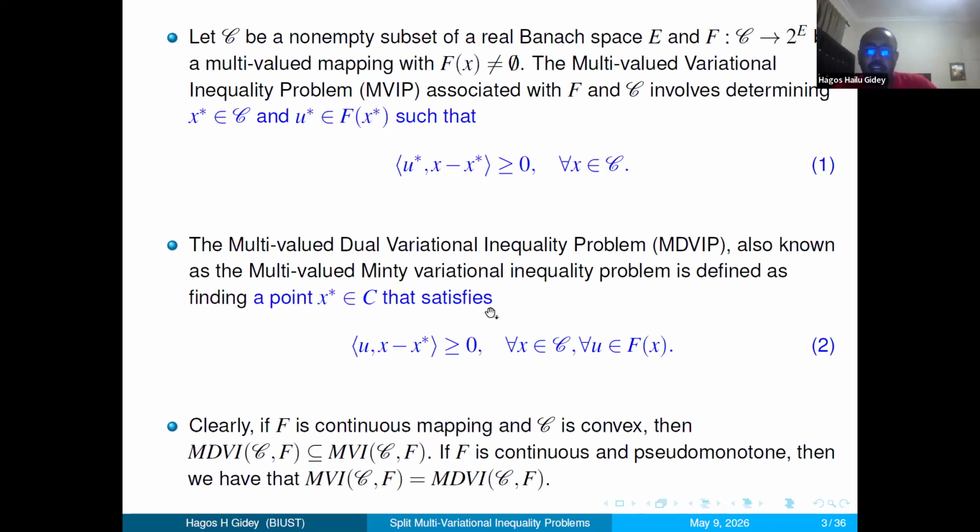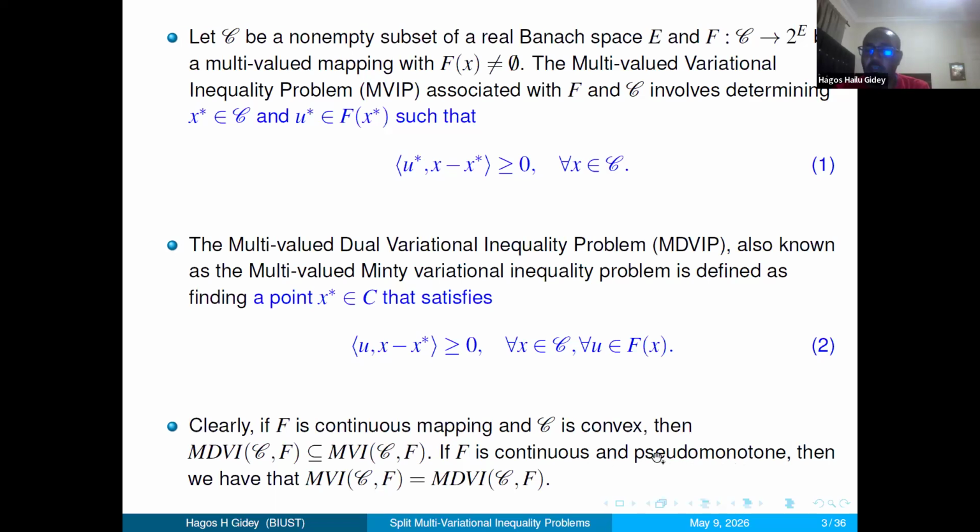The two problems are different. The solutions of problem 2 are always solutions of problem 1; the solution set of the multivalued dual variational inequality problem is a subset of the solutions of problem 1, the multivalued variational inequality problem. The two solution sets are the same when F is continuous and pseudo-monotone.